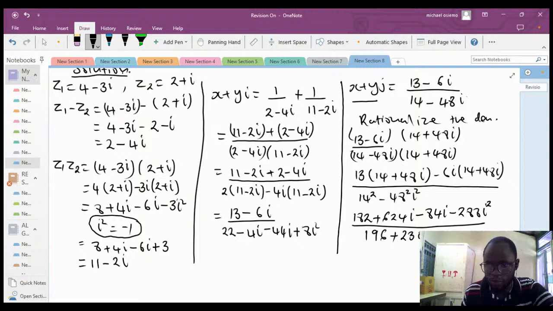So we're going to have 182 plus 240, we have 422. And then we have minus 520 minus 84, so we'll get minus 604i, and all this over 196.